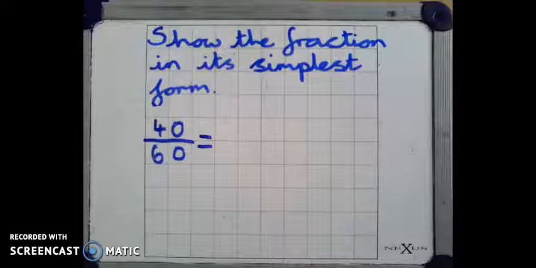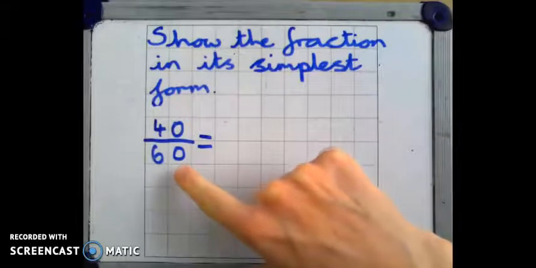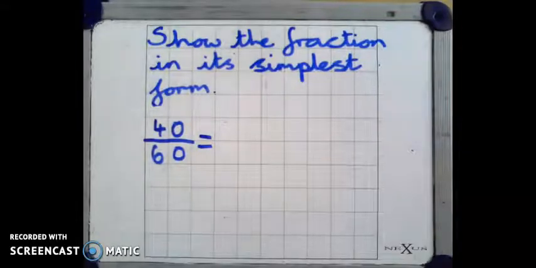You may have noticed in the previous 2 calculations we were able to find the times table that both the numbers were in simply and do it in one step. Here we have 40/60, and at first glance, I'm not sure which number to divide by. I know because this is 40 and this is 60, they end in 0, so they are both multiples of 10.